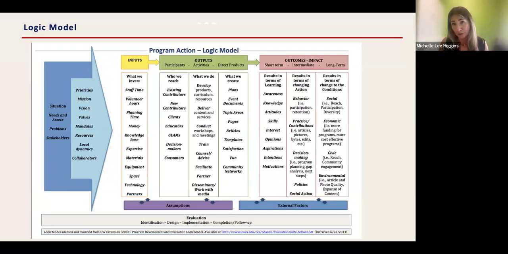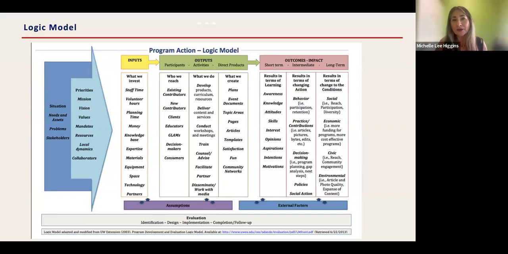They might have different outputs, and you might expect different behaviors, or those short-term and intermediate outcomes, from them. And it's nice to be able to delineate which outcome came from which activity that you did. So this logic model doesn't show that, but I know we have one coming up.